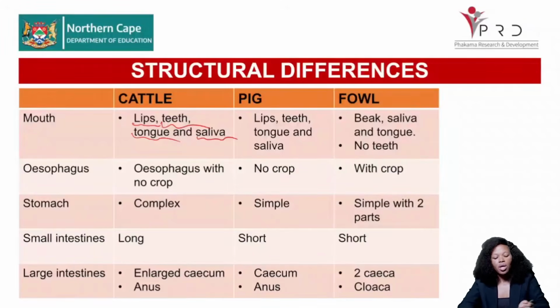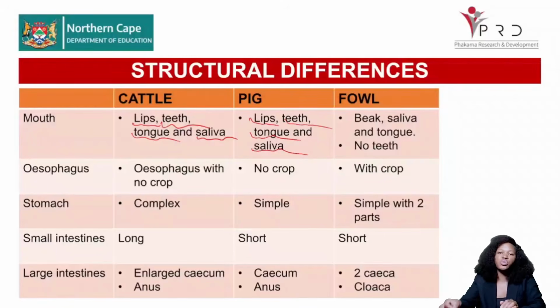When it comes to a pig, there are lips and complete teeth: canines, premolars, incisors, and molars. They are complete. There is a tongue, and there is saliva that also secretes the enzyme amylase.